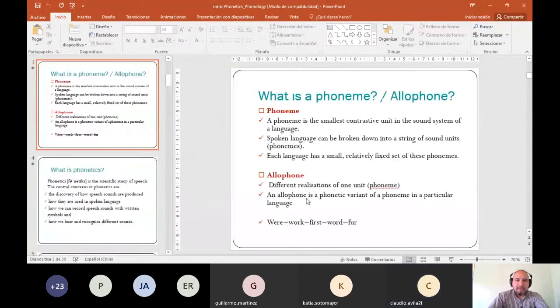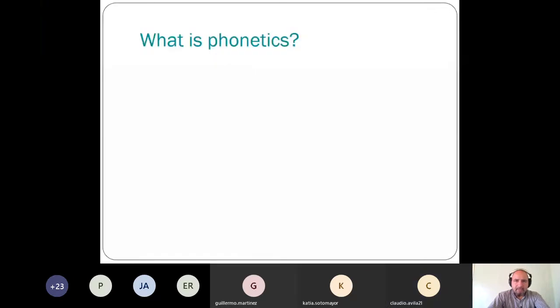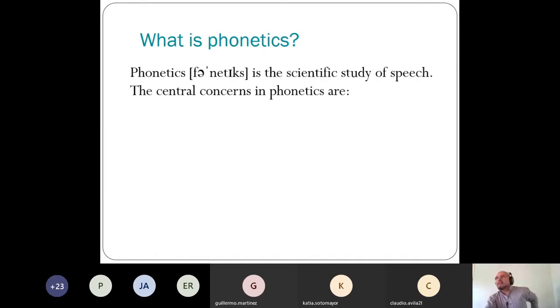So, good. One of the concepts that we need to be very clear about is what phonetics is, because this class is about English phonetics, right? Phonetics is the scientific study of sounds.